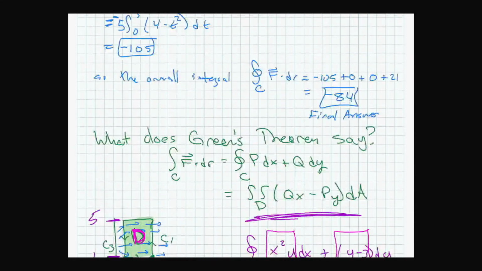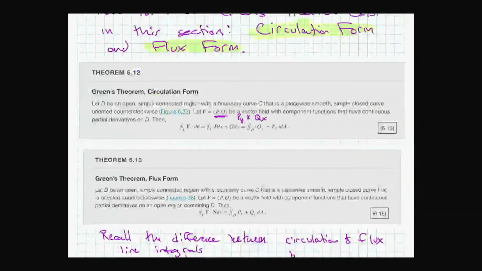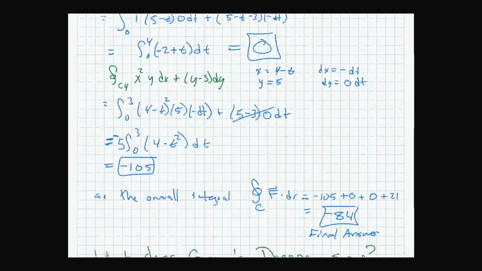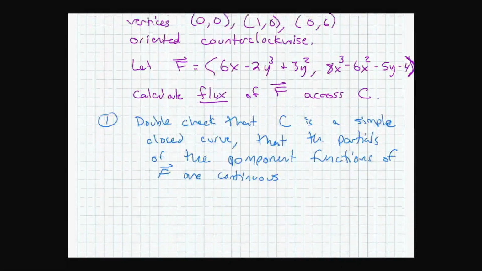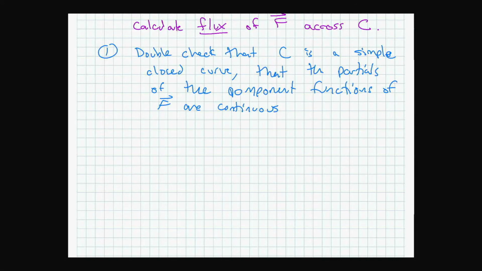And what other conditions do we have? Okay, open, simply connected region. Yeah, so the region is going to be inside that triangle. That's fine. C is a piecewise smooth, simple closed curve, oriented counterclockwise. The vector field has continuous partial derivatives. Then we have the theorem. Okay, so everything seems to be fine here.